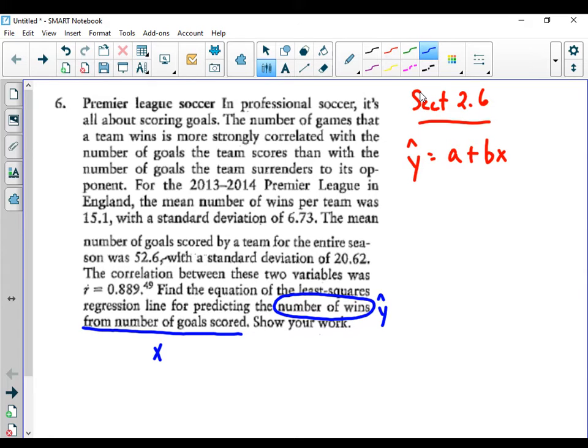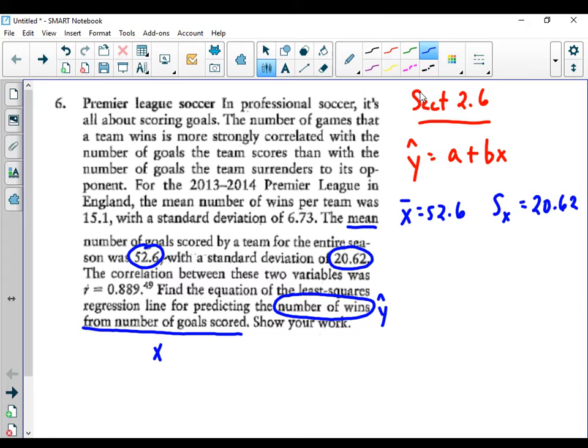So when they said the mean for the number of goals scored was 52.6, what they're really saying was X bar was 52.6. They said the standard deviation was 20.62, so the standard deviation of X was 20.62.